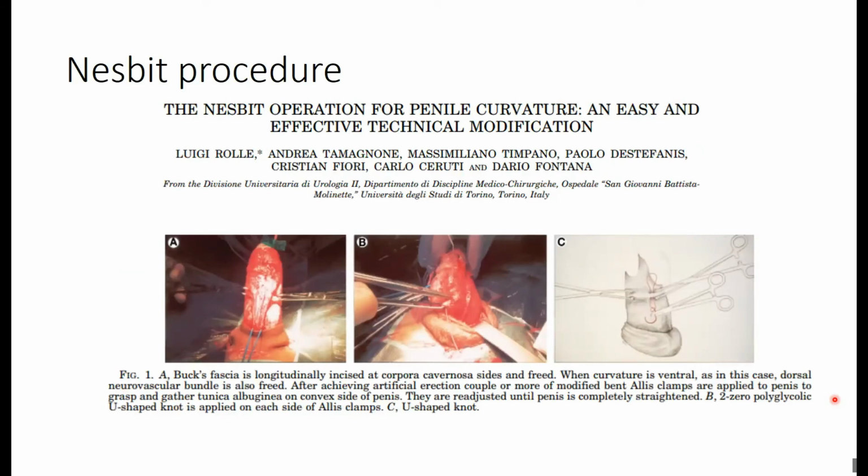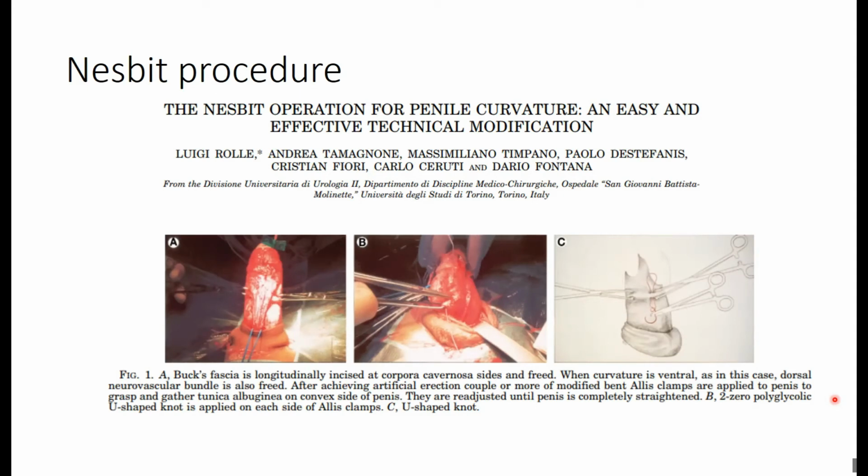First of all, we're explaining the Nesbit procedure, and I will show you a short video regarding this procedure. In the Nesbit procedure, we incise the Buck's fascia longitudinally, and the corpora cavernosa sides are freed from the surrounding tissue when the curvature is ventral.